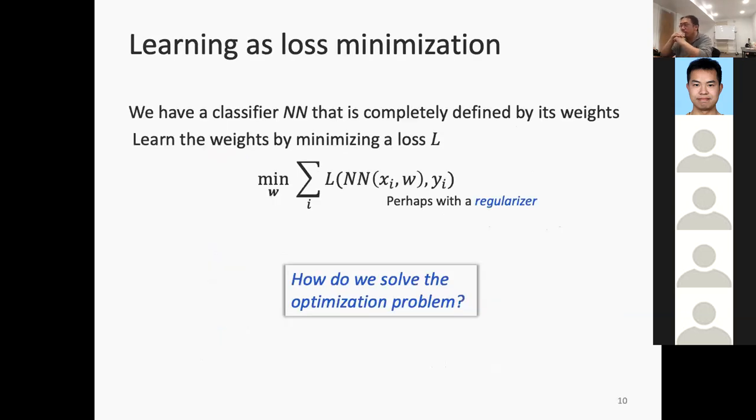We can compute the square loss using the neural network output for every training example, and then add them together to get our training square loss on the training data. Then we minimize this square training loss to estimate the optimal weight parameters. The remaining question is how do we solve the optimization problem?